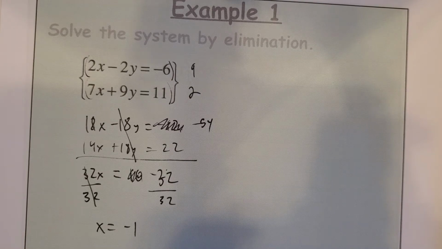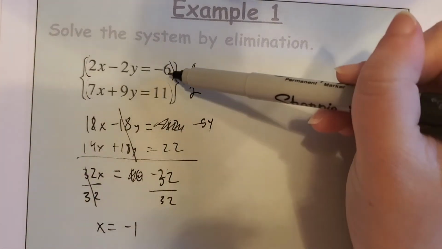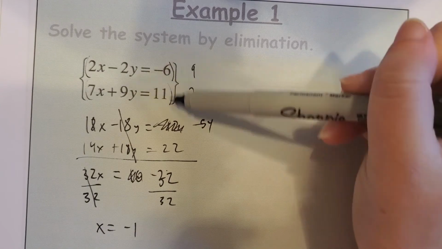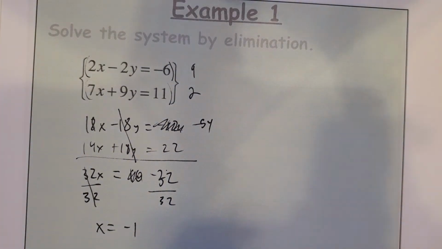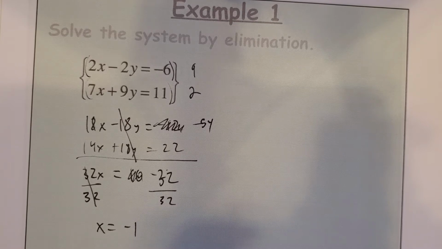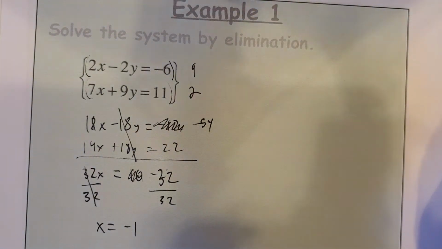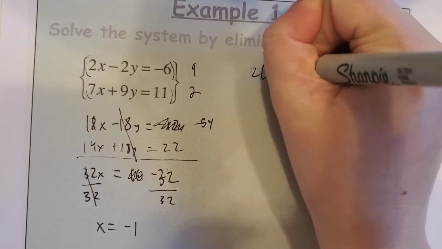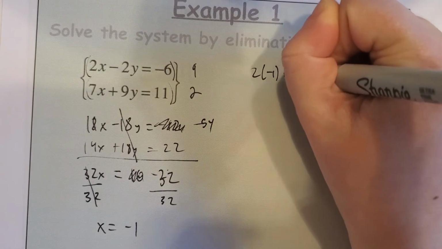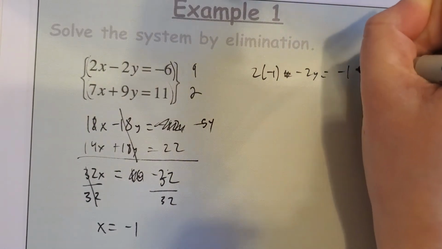So now we can take that negative 1 and plug it into either of our two original equations to figure out what y is. Again, it doesn't matter which one you plug x into. You should get the same thing regardless. I'm going to plug it into the first one just because the numbers are a little smaller. 2 times negative 1, minus 2y is equal to negative 6.